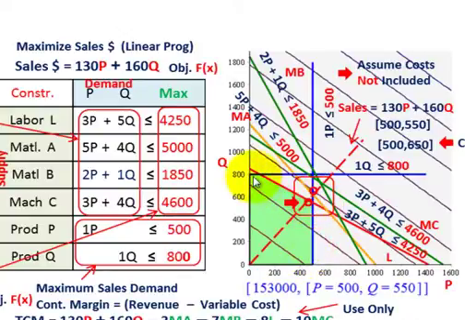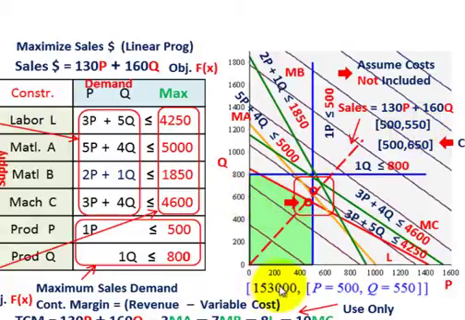Follow along, look at your constraints, check your corner points, put in your P's and Q's, and you're going to find that the maximum based on your constraints is 500 for P. We met our constraint, it's this point right here. And then 550 for Q.